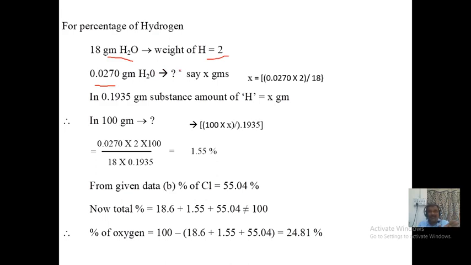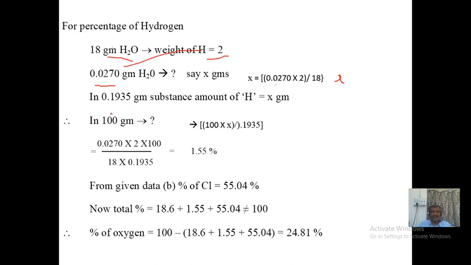Then what will be the amount of hydrogen in that water? So, this will be directly multiplied by 2 divided by 18. So, 0.270 multiplied by 2 divided by 18. So, let me say this is the x gram. This x gram is the weight or amount of hydrogen here, friend.